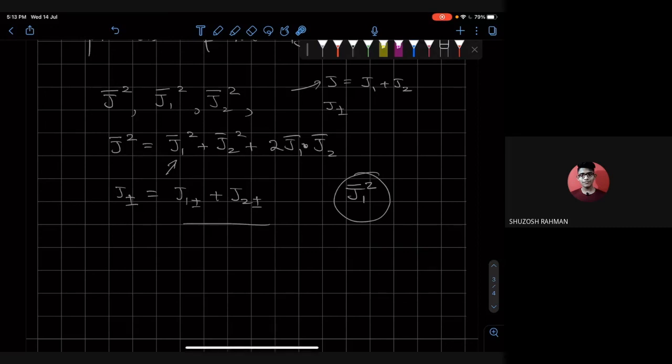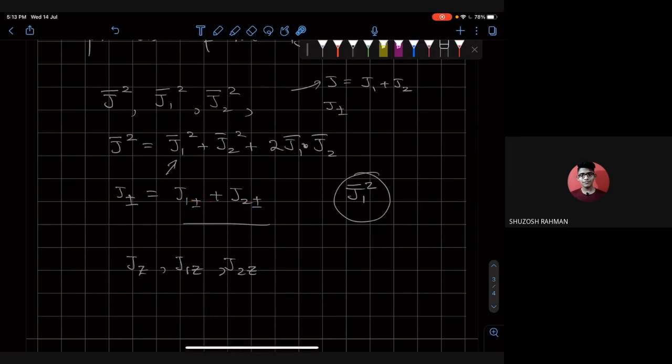And other useful operators will be Jz, as well as J1z and J2z. However, the other components of J1 and J2 are not very useful; more useful would be to express them in terms of raising and lowering operators.